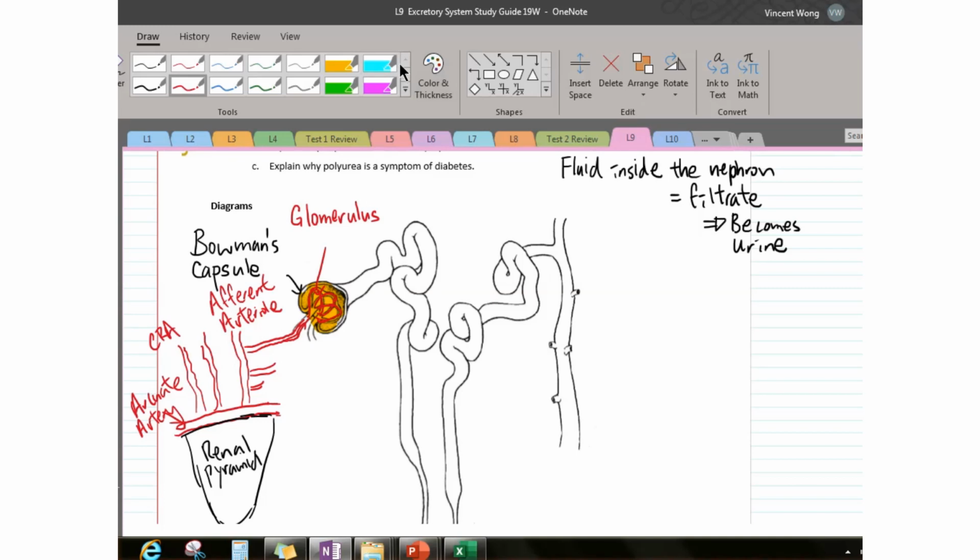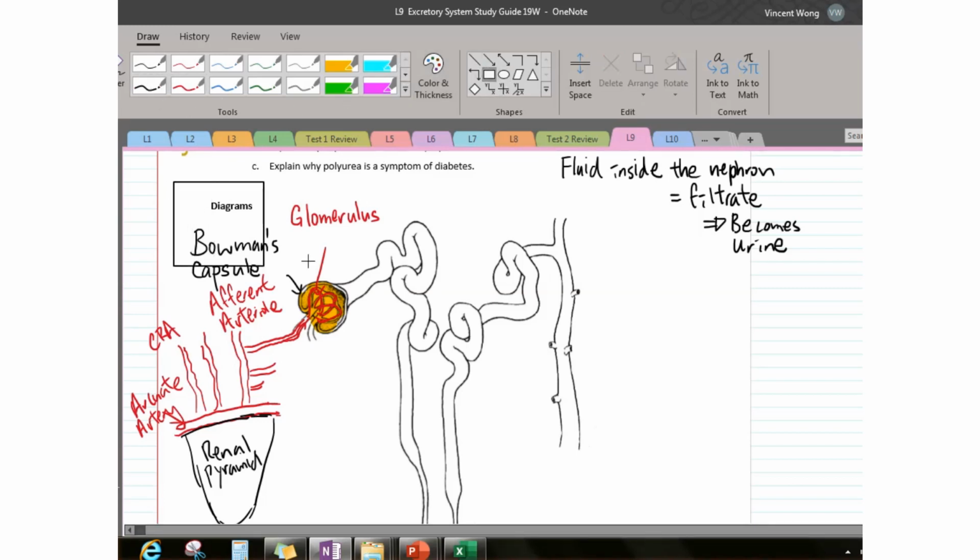Collectively, these two things together, the Bowman's capsule, which is the chamber on the outside, and the glomerulus, together we call that the renal corpuscle.